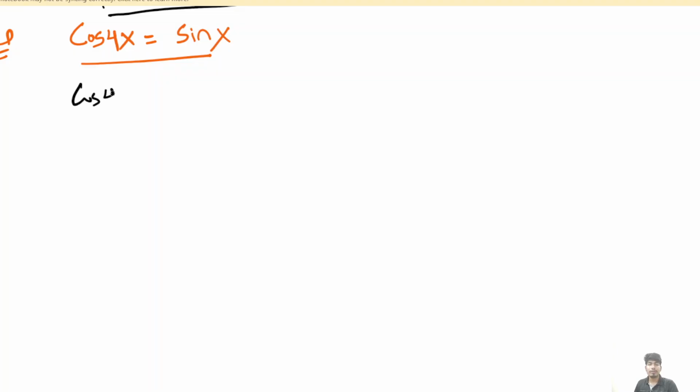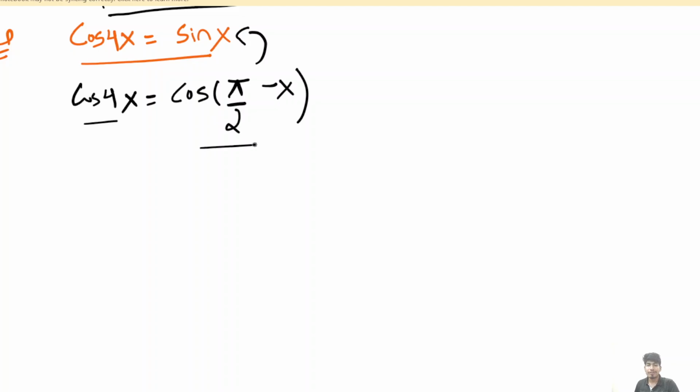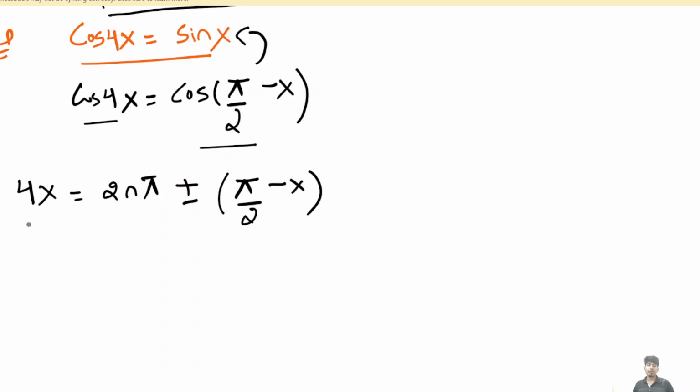Can we write sin x is cos of pi by 2 minus x? Yes, because cos of pi by 2 minus x is sin x. Then we apply cos theta is cos alpha, so theta is 2n pi plus minus (pi by 2 minus x). Okay, students, once we take plus and once we take minus.